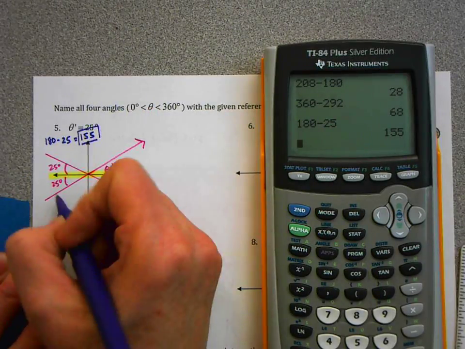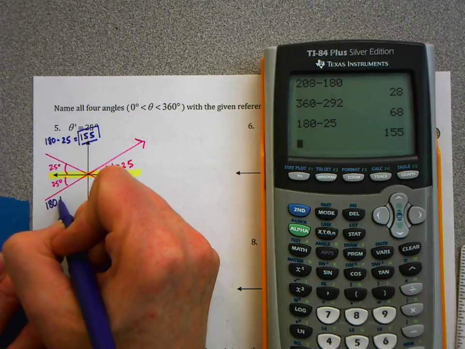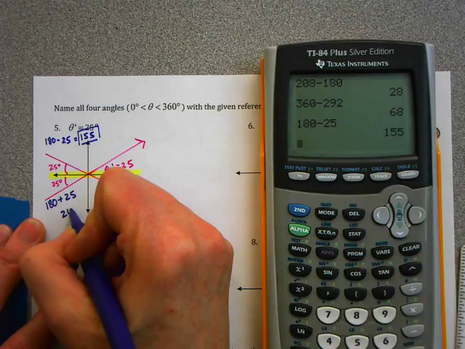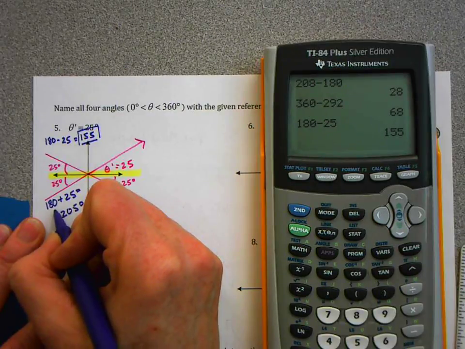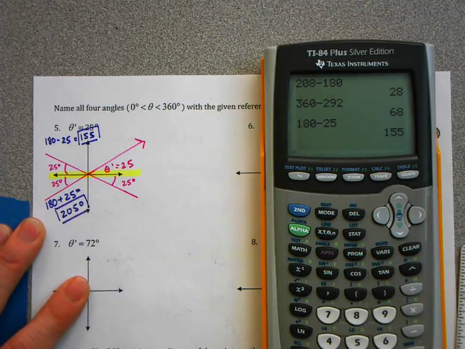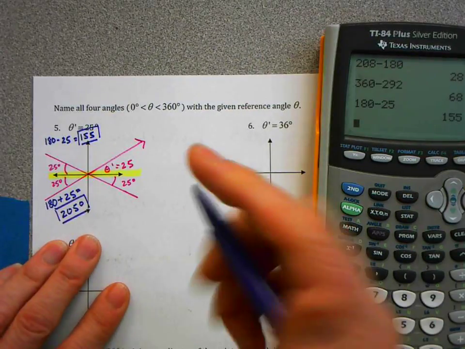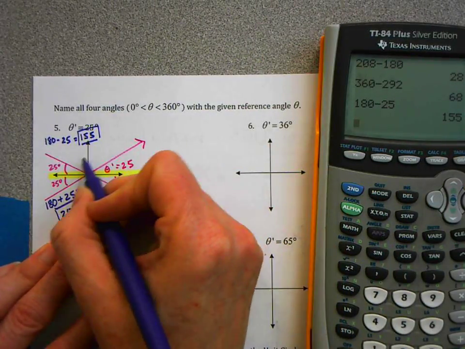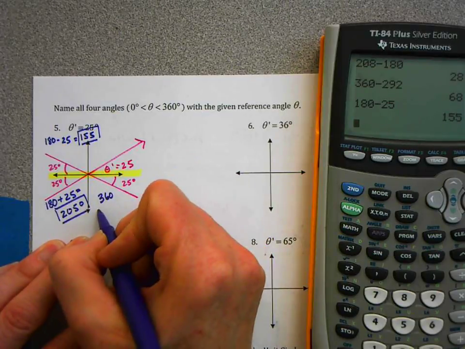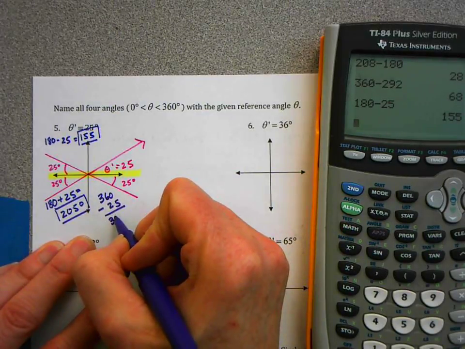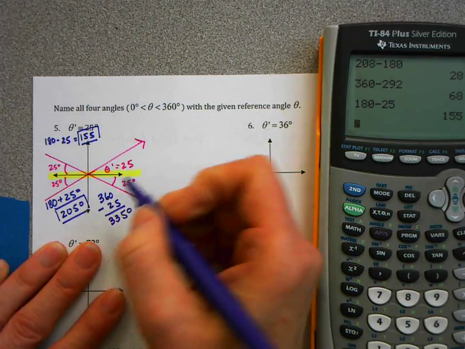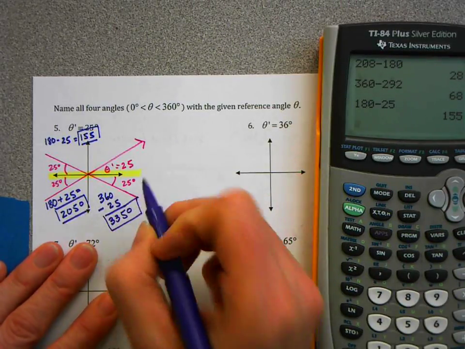In the third quadrant, I say 180 plus 25 is 205. That's the rotation in the third quadrant. And what about the fourth? 360, I want it all the way around, so I take minus 25. It's going to be 335 degrees. Okay? And so that's what we're looking for.